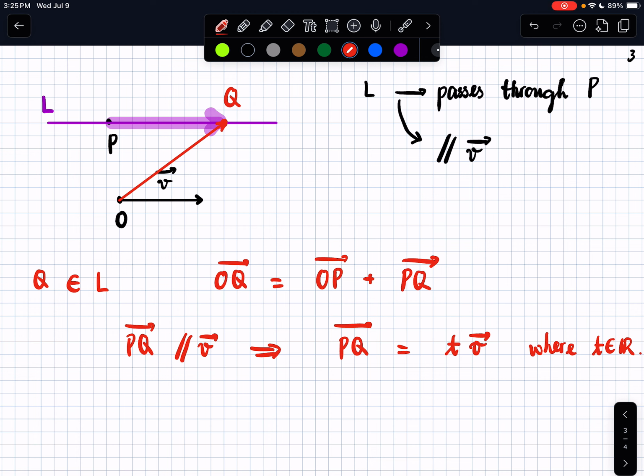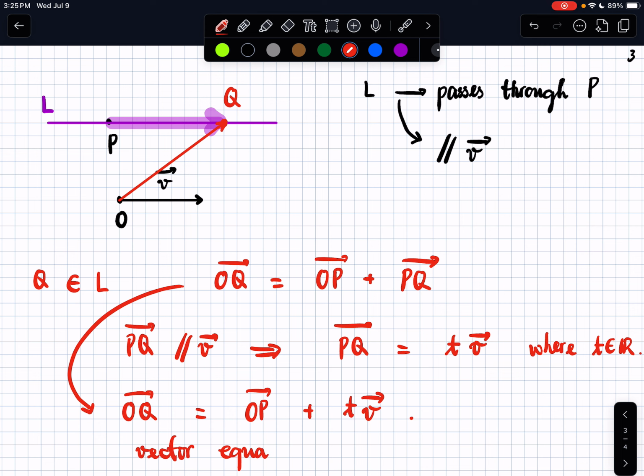So this gives us OQ equals OP plus T times V. And this is the vector equation of L.